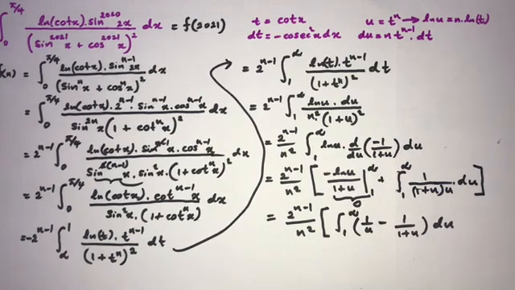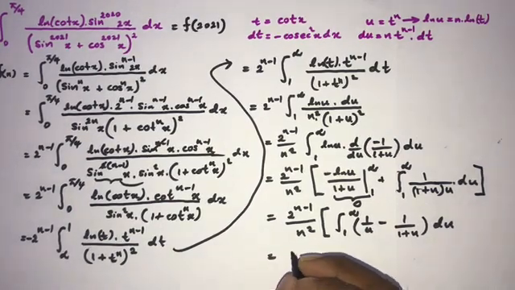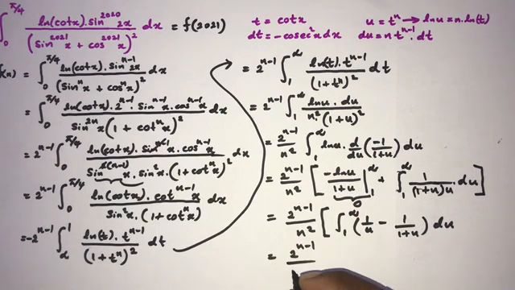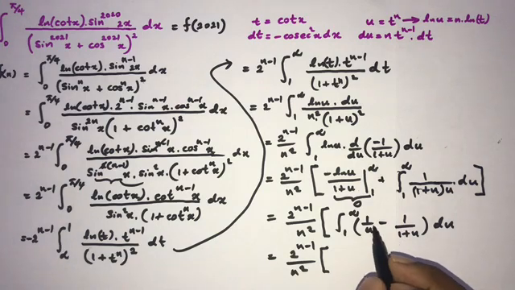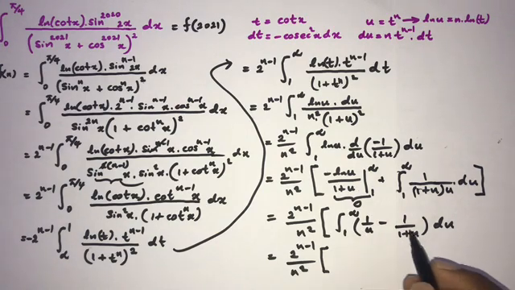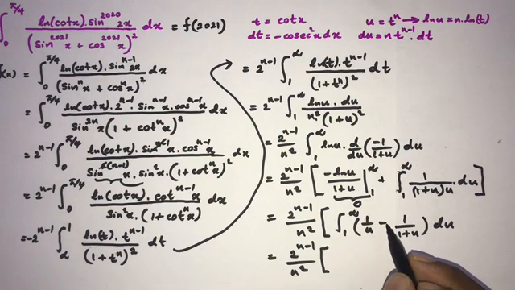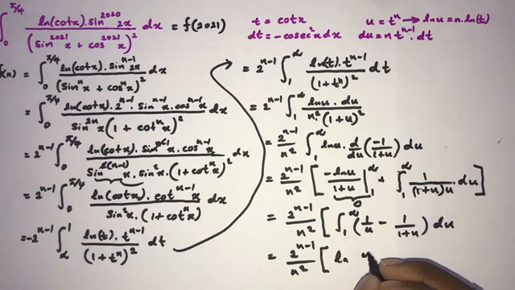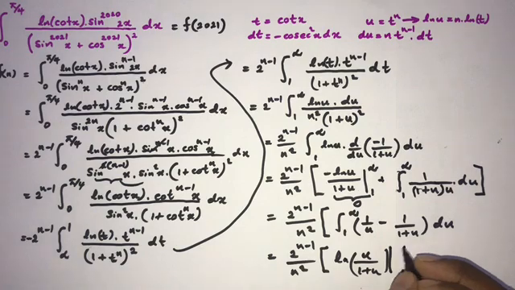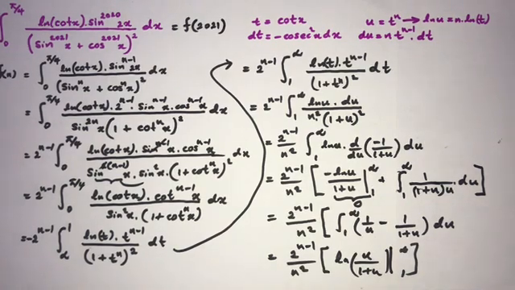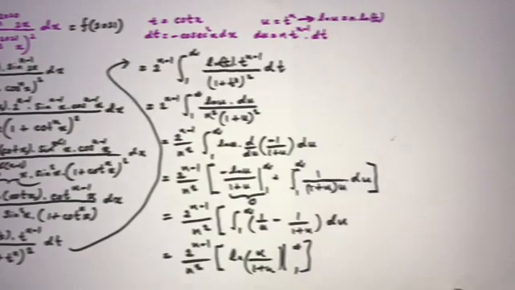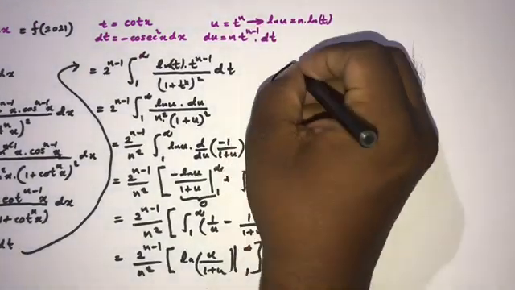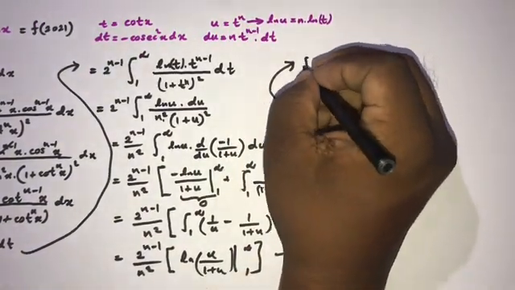Now we can integrate: 2 to the n minus 1 over n square, and if we integrate 1 over u, we know natural log of u, here natural log of 1 plus u, with minus sign. According to the property of natural log, this is equal to natural log of u over 1 plus u, limit from 1 to infinity. Now we know this is f of n.